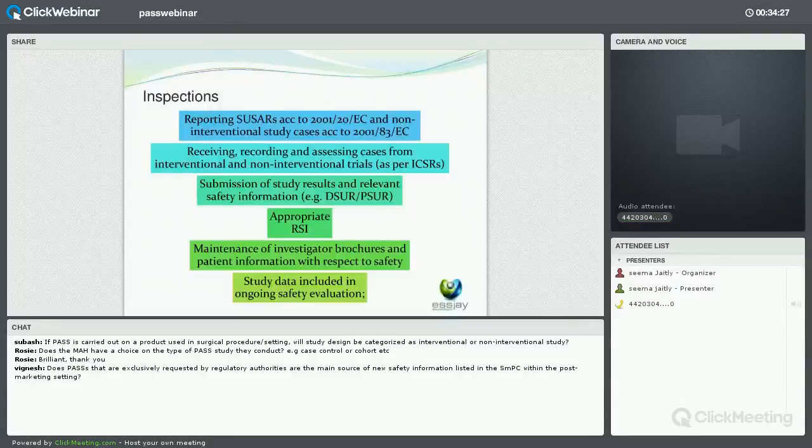So Vignesh says, are PAS that are exclusively requested by regulatory authorities the main source of new safety information listed in the SPC within the post-marketing setting? Just so I've understood that correctly, are you talking about the PAS itself or the results of the PAS?